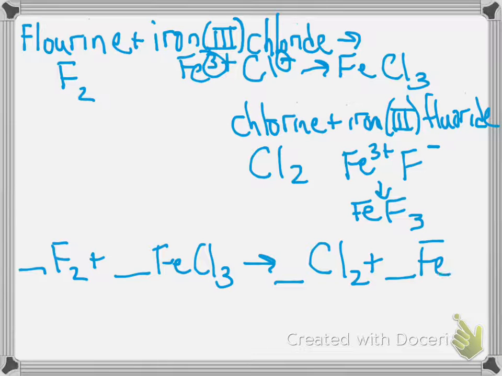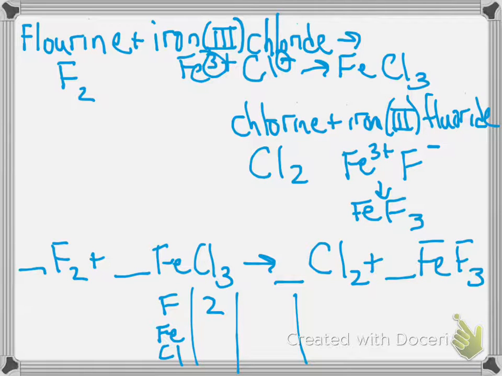So again, I'm going to transfer that down here and make a little chart to keep track of the atoms on the left and the right. We start off with 2 fluorine atoms on the left and 3 on the right.